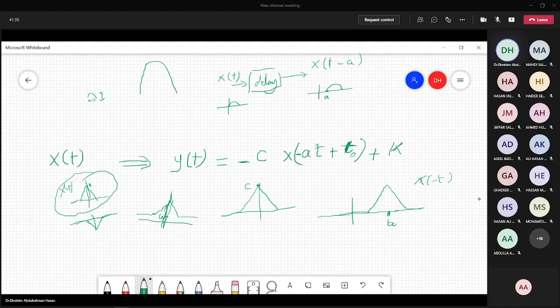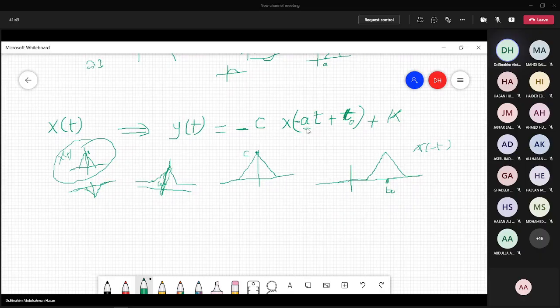Okay, what about this A? Expand or shrink. Exactly, yeah. It is important: if A is greater than 1, it is going to shrink.